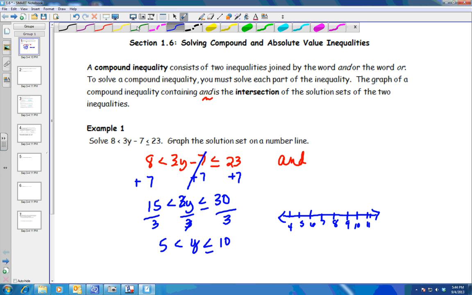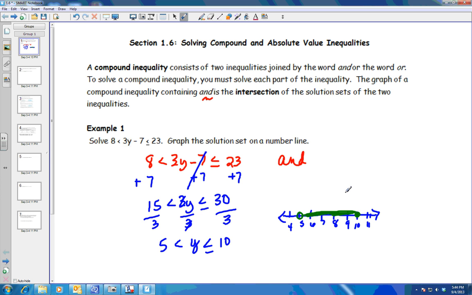What is my starting point? Well, my starting point is 5, and I want all the numbers between 5 and my end point, which is 10. I'm going to go to 5 and circle it. It's going to be an open circle because it's not also equal to. I'm going to go to 10, and it's going to be a closed circle because it's also equal to, and it's all these numbers in the middle.